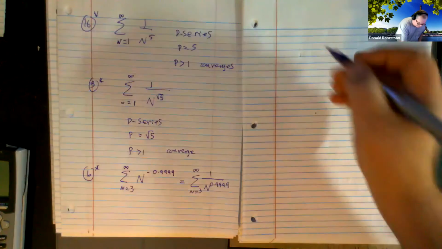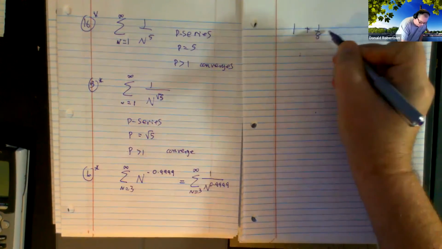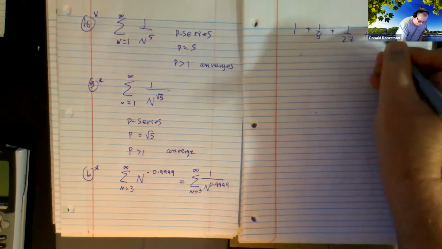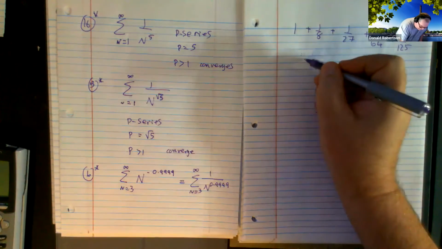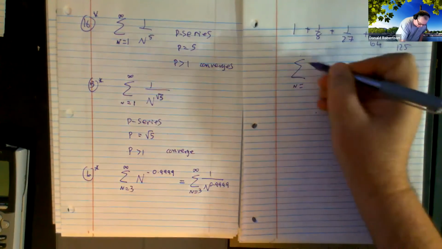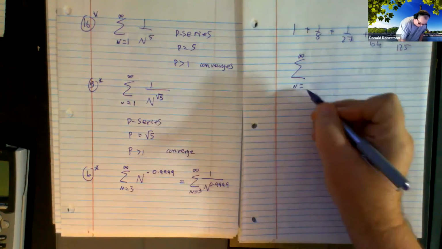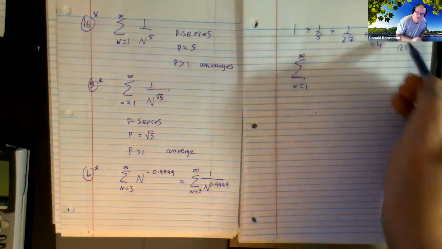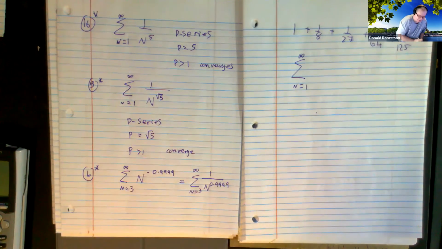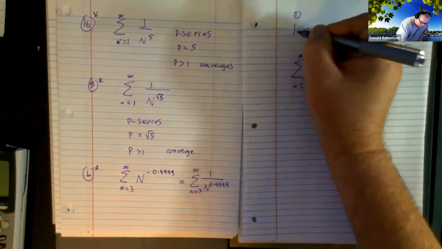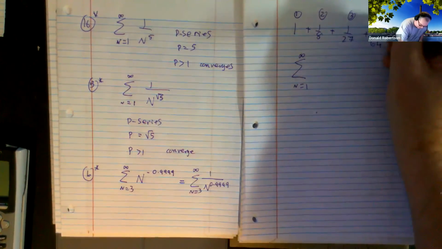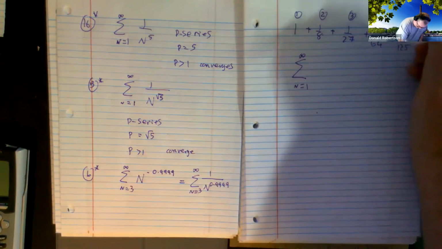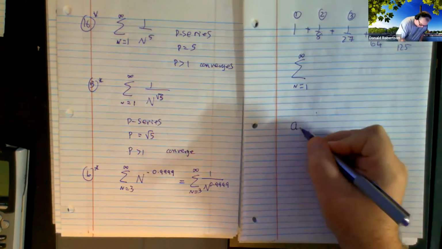What about this one? Well, that's going to be a bit tricky. Because we don't have a formula. So we are going to have to figure out what that formula is. 1 gets you 1, 2 gets you that guy, 3 gets you that guy, 4 gets you that guy, 5 gets you that guy. So what does n get you?